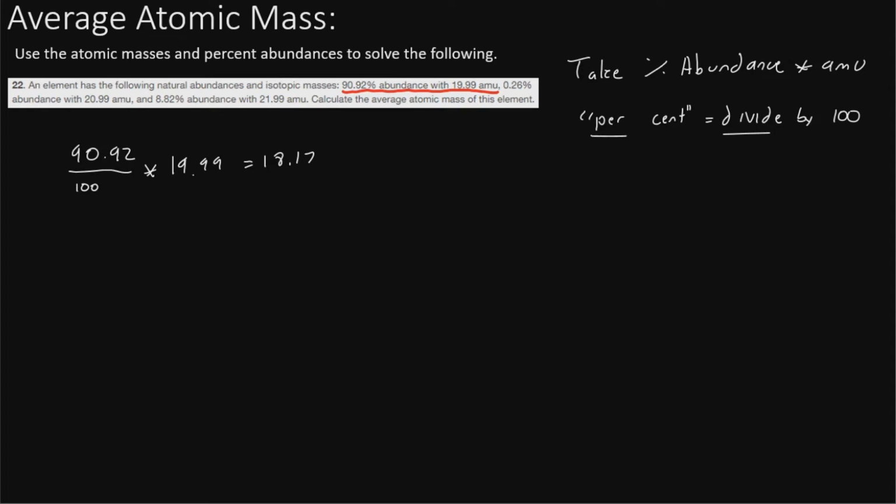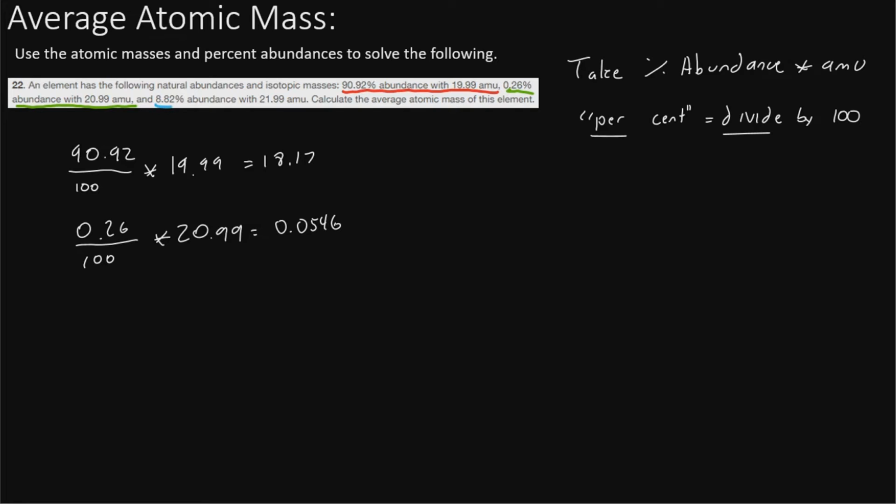We'll repeat this process for the next isotope, 0.26% abundance with 20.99 AMU. So we'll take 0.26, divide by 100, and multiply by 20.99. And we get 0.0546 when we enter this in a calculator.